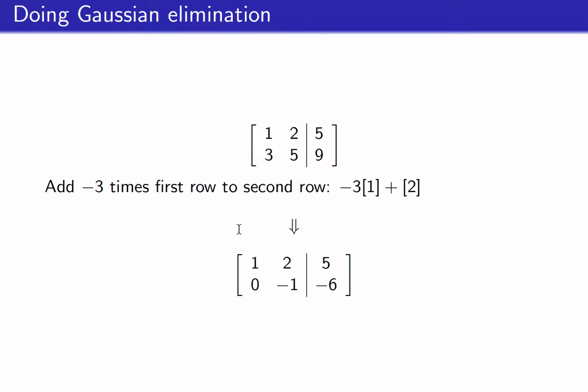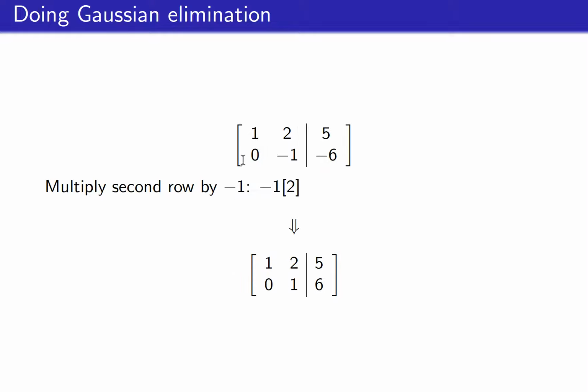Notice that the first row stays the same, 1, 2, 5. The second row changes. -3 times 1 is -3, added to 3 makes a 0. -3 times 2 is -6, added to 5 is -1. -3 times 5 is -15, added to 9 is -6. So now I'm going to take this resulting matrix and use that in my next step.